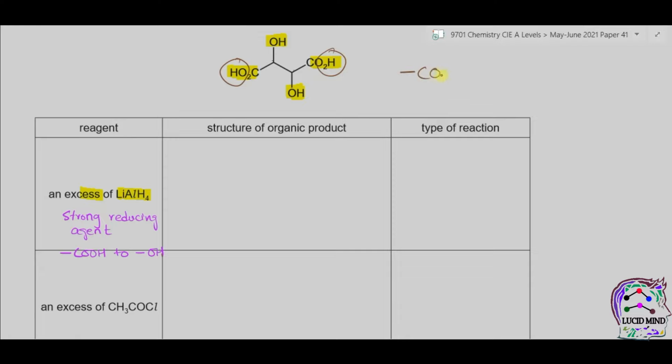CO2H gets converted into CH2OH, which is a primary alcohol. Now there are 4 carbon atoms, and on all 4 carbon atoms there will be OH groups attached. The type of reaction is called reduction.